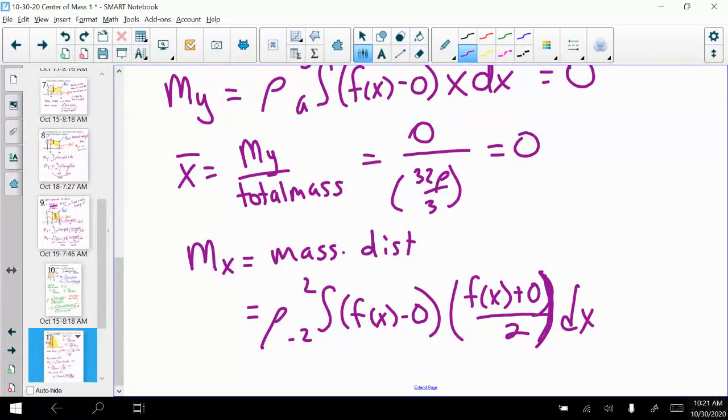So then when we do this integral, I got 256 rho over 15.